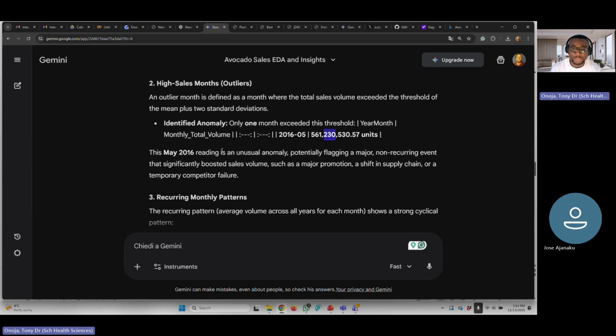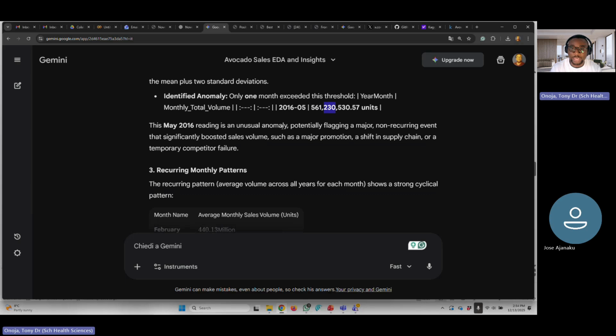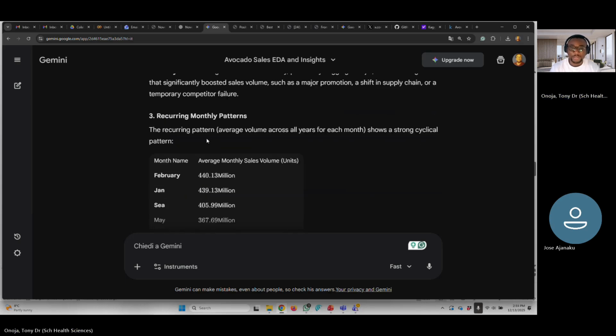That May 2016 is an unusual anomaly, potentially flagging a major non-recurring event that significantly boosted the sale volume, such as a major promotion, a shift in supply chain, or a temporary competitor failure.